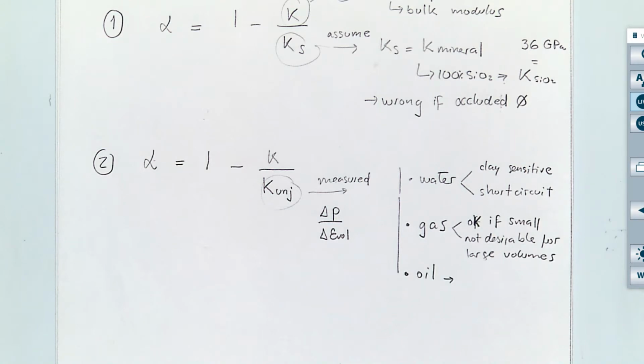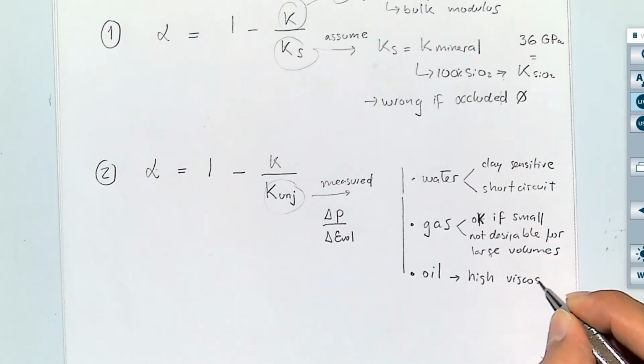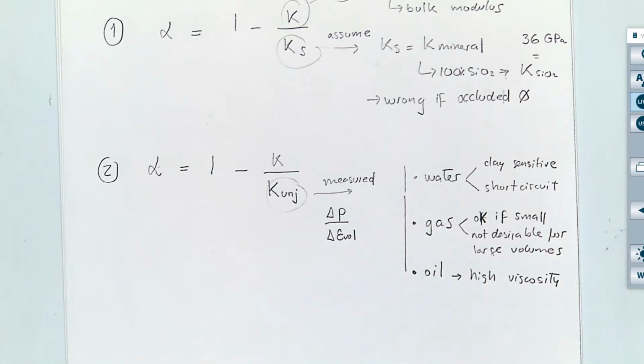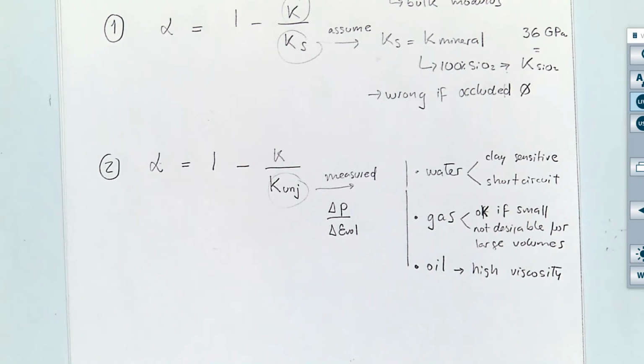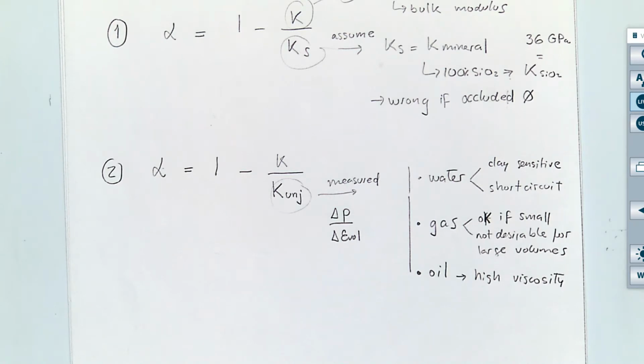If we are doing this unjacketed test in which we want all the fluids to get in every single pore of the rock, if the permeability of the rock is too low, then for oil it's going to take a very long time for that pressure to equilibrate everywhere inside the porous system. So you could use some other fluid, a non-aqueous fluid, which is not electrically conductive. You could do that, but most times this is not done.